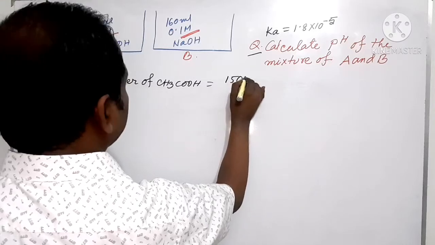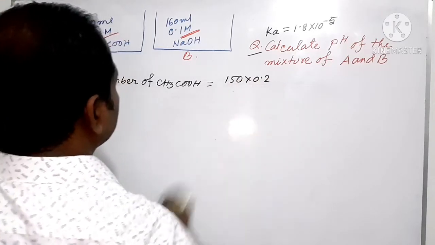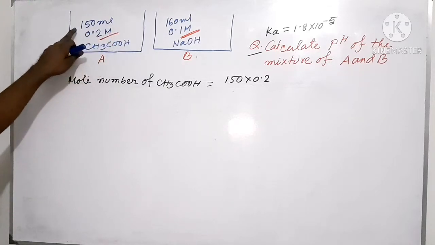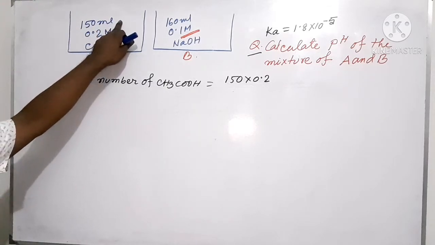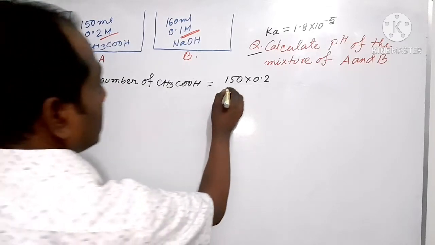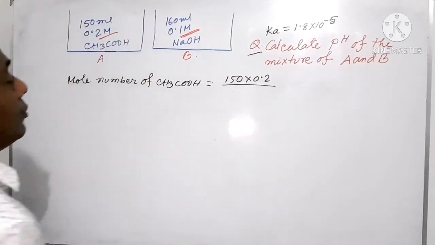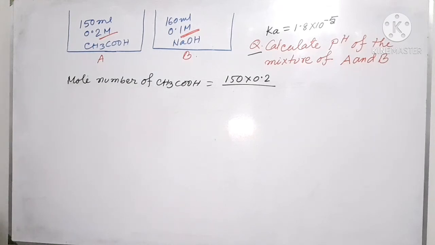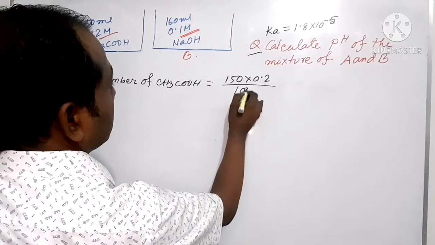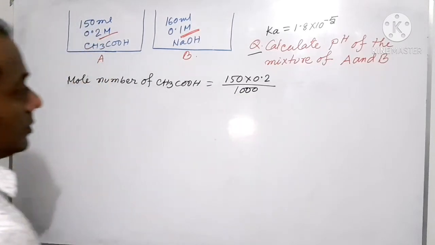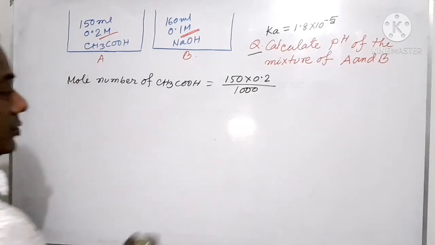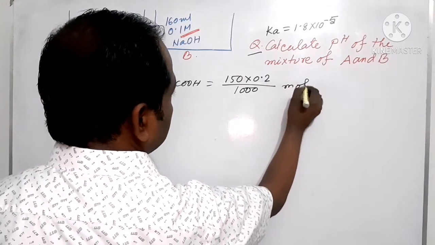150 into 0.2. Here the unit of volume is ml, but to calculate the mole number we need the unit of volume in liters. So we divide 150 into 0.2 by 1000 mole.